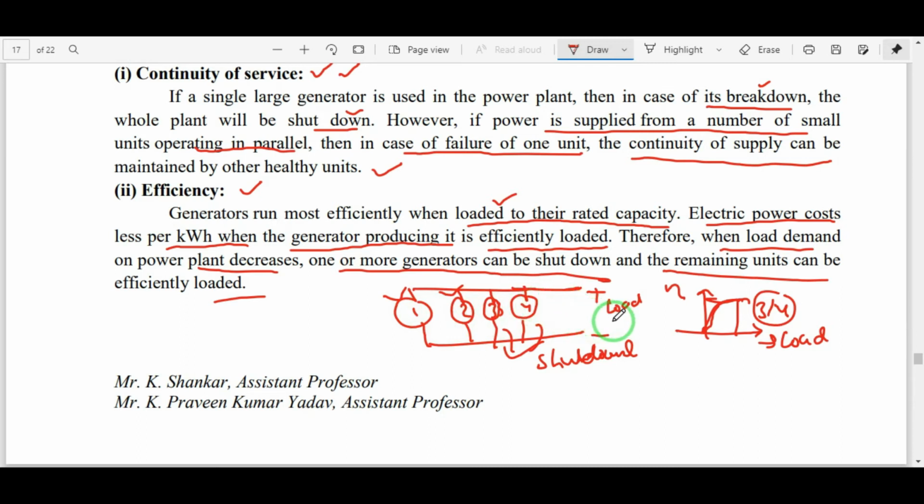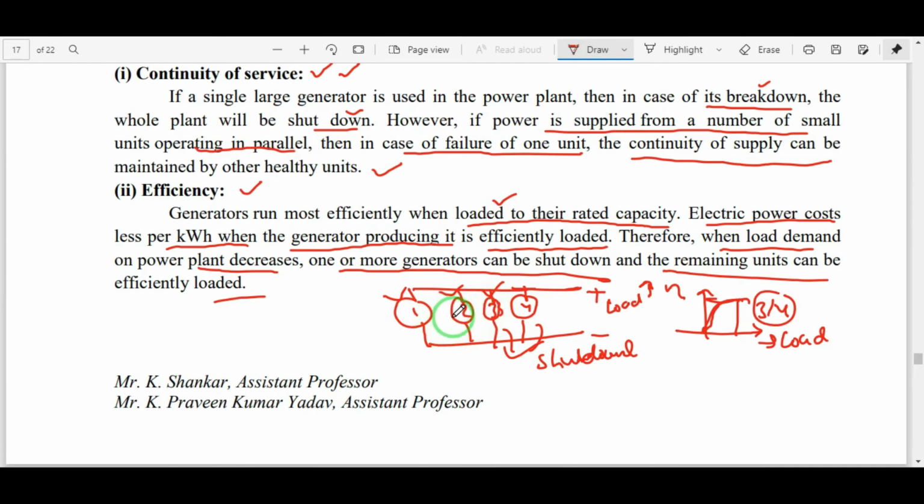If the demand increases, then unit 3 is also switched on, and the fourth one remains shut down. So depending upon the requirement, the generating units will be shut down or switched on.